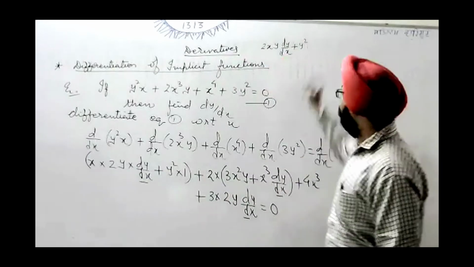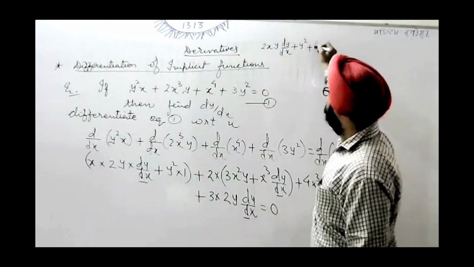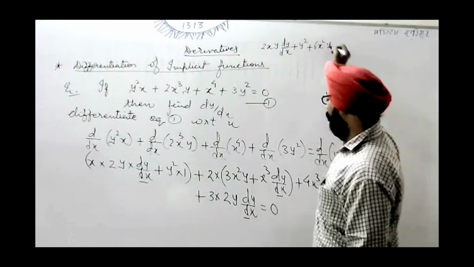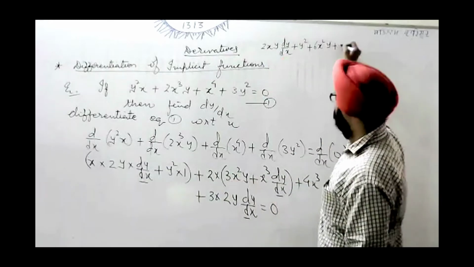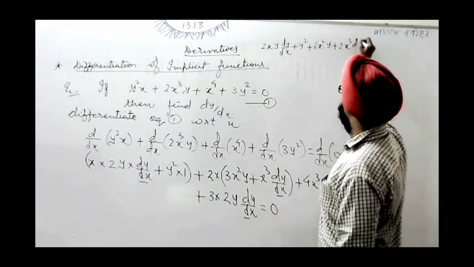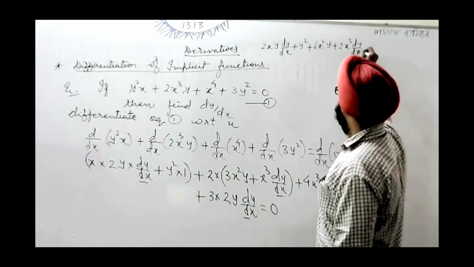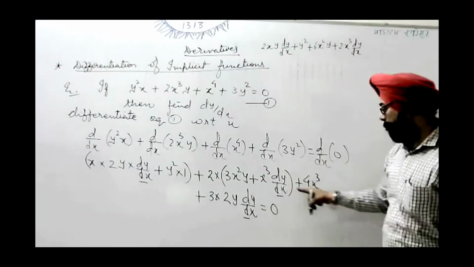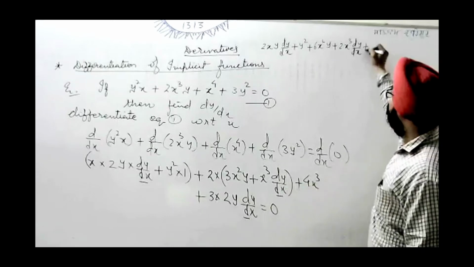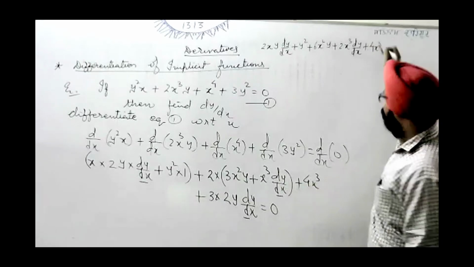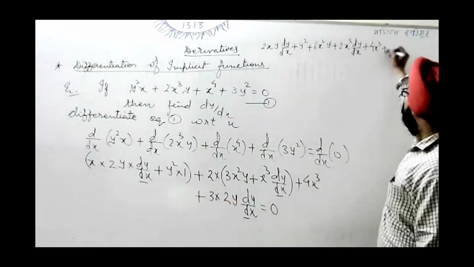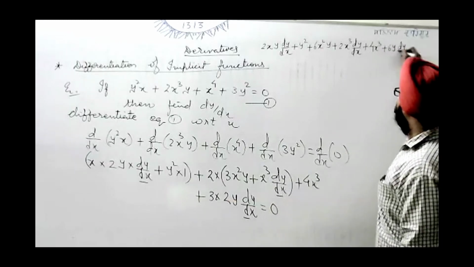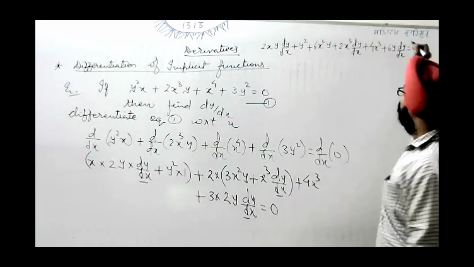Multiplying 2 inside we get 6x square y. 2 multiplied in second term also. 2x cube dy by dx plus 4x cube and last item 3 into 2, 6y dy by dx equal to 0.